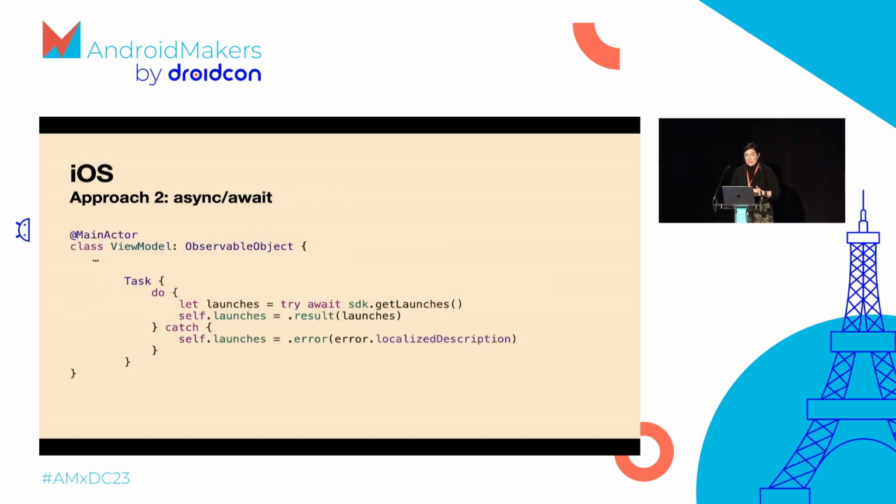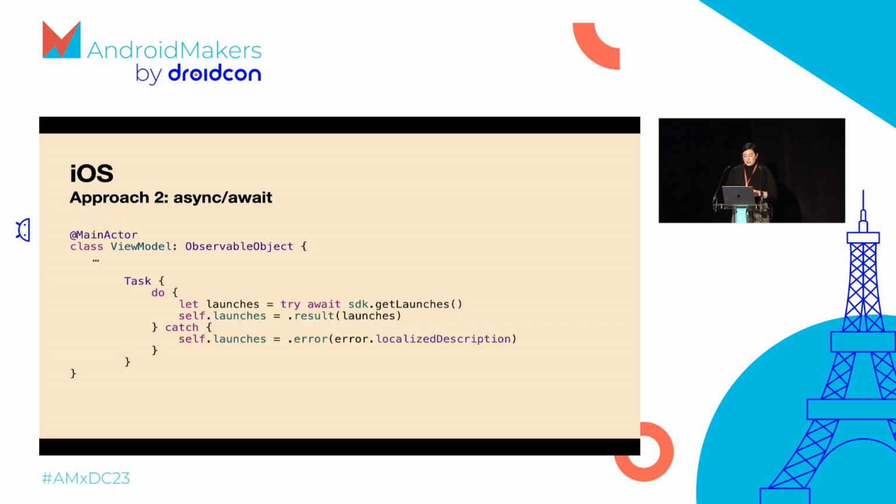So firstly, who's sort of iOS and has heard of the async await mechanism before? Maybe your co-workers have spoken about it before. Great, okay. It is supported in Swift 5.5 from iOS 13 onward, and we can also use this mechanism in our Swift code that will use our shared code.